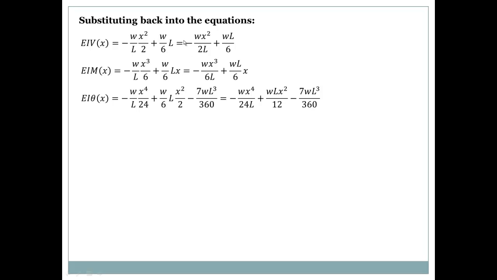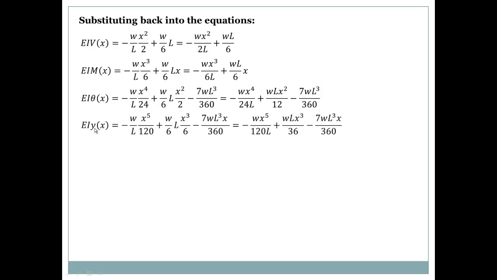All these equations I'm talking about are after the substitution of the constants, of course. And I took it one more step here. And then for the EIY of X, it's this with direct substitution of the constants, but this is after the simplification.